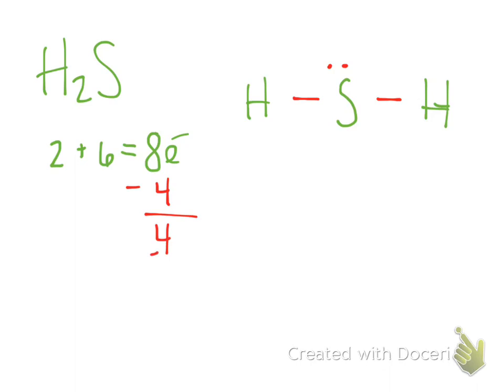That leaves us with 2 more, and here's another one, which leaves us with 0. So we needed 8 electrons, 2, 4, 6, 8. So we're good there. Does sulfur have a complete octet? Yes, 2, 4, 6, 8. And is hydrogen happy? Yes.